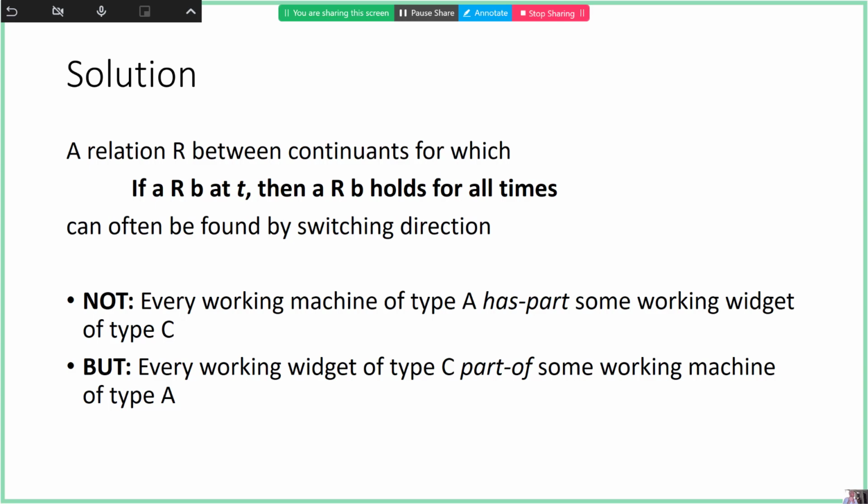So there might very well be, as there are in biology, incidentally, very many cases where you can use just R, meaning R at all times, but you have to use R pointing in the right direction.